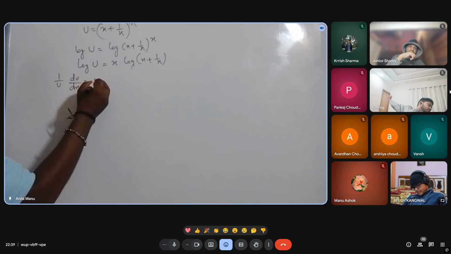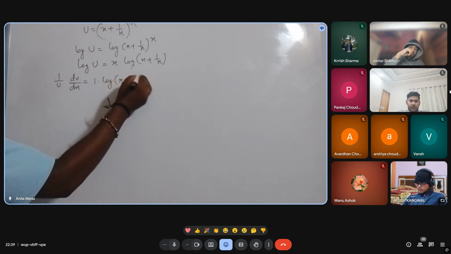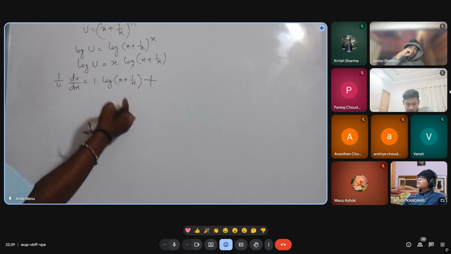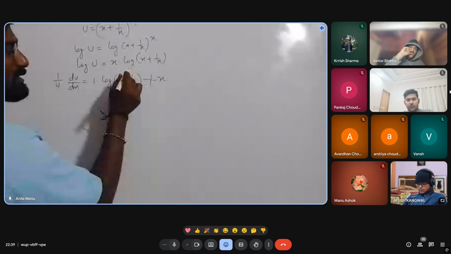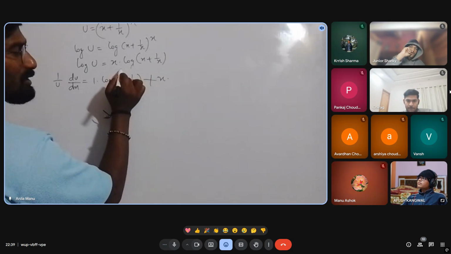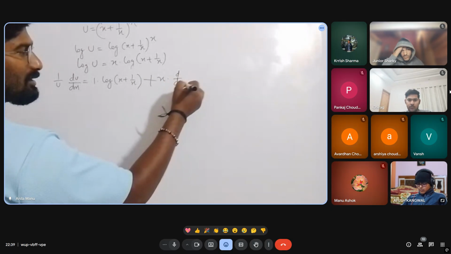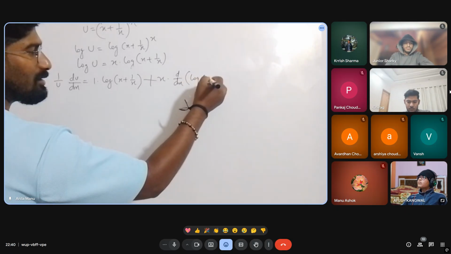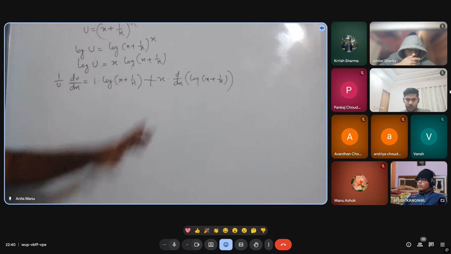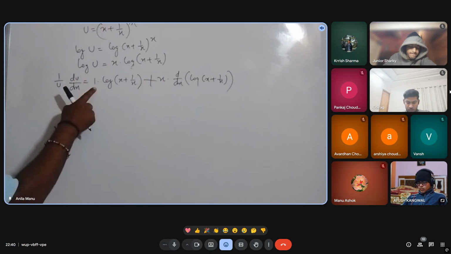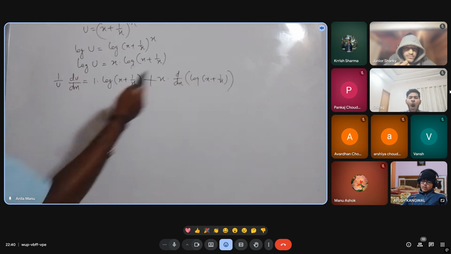Derivative of first function x is 1 into second function log of (x plus 1 by x), plus first function x into derivative of second function. So first, derivative of log x is 1 by x. Should I write one more step here? Write carefully. If there is any confusion, just note it there. Derivative of x, that is 1 into second function, product rule, plus first into derivative of second.